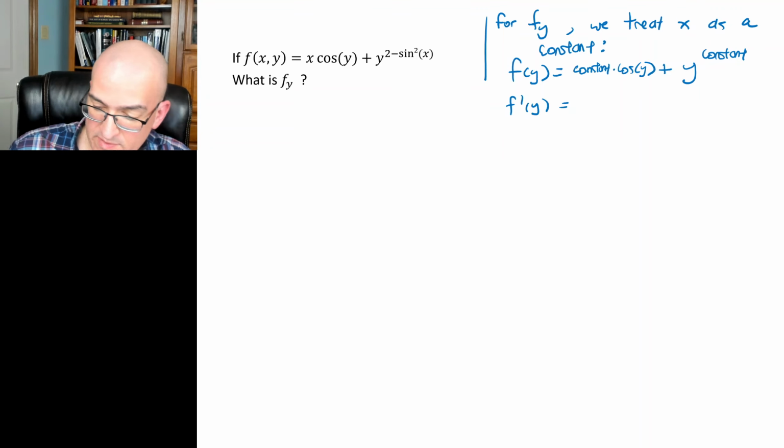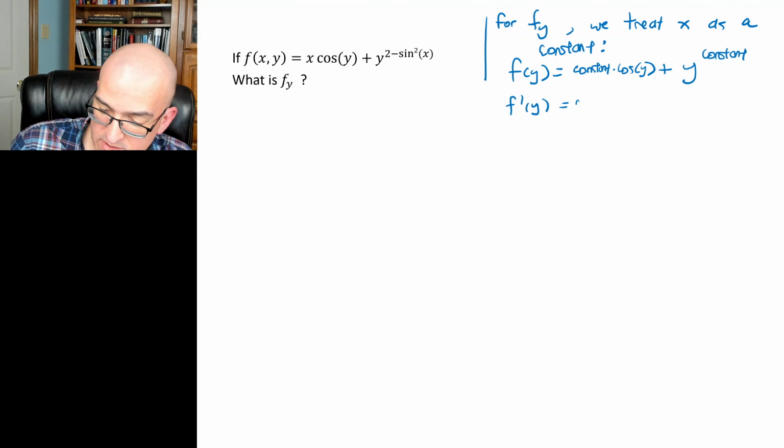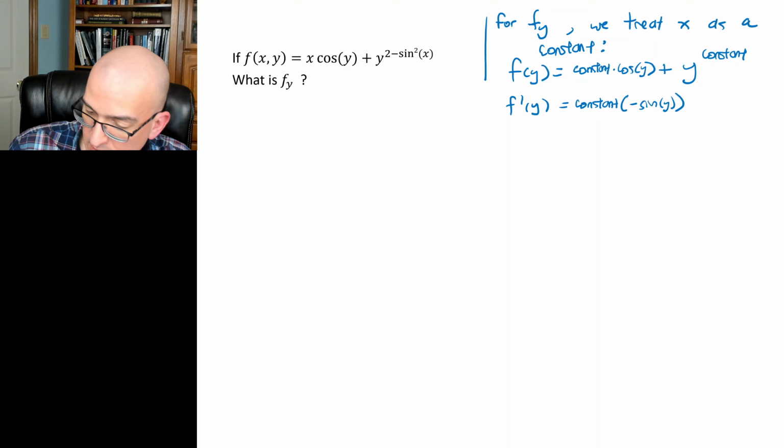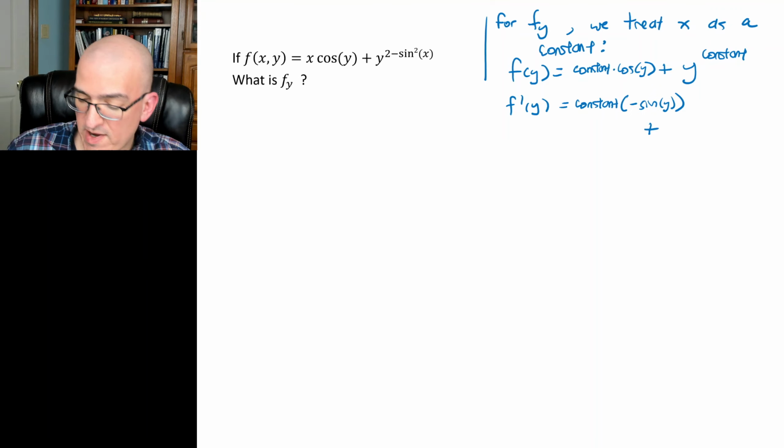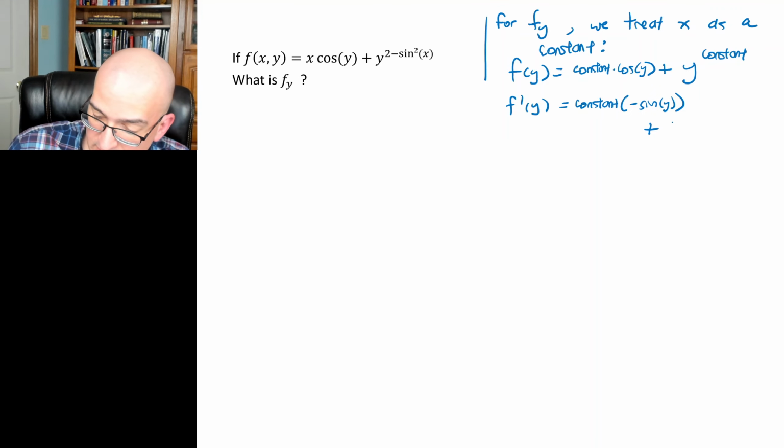So when we take the derivative of constant times cos y, we'll get constant times negative sine y, plus, when we take the derivative of y to the power of a constant, the constant will come down, times y to the power of constant minus 1.